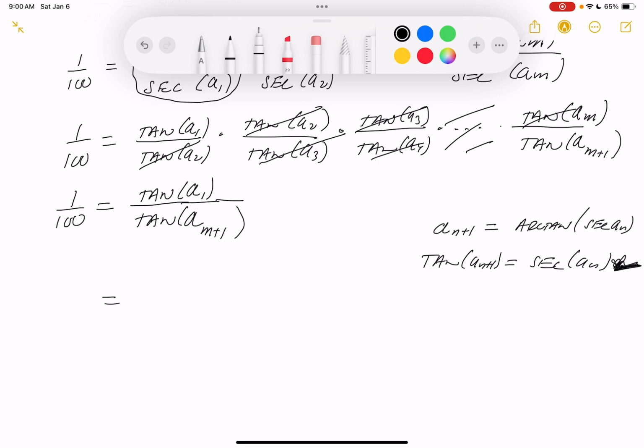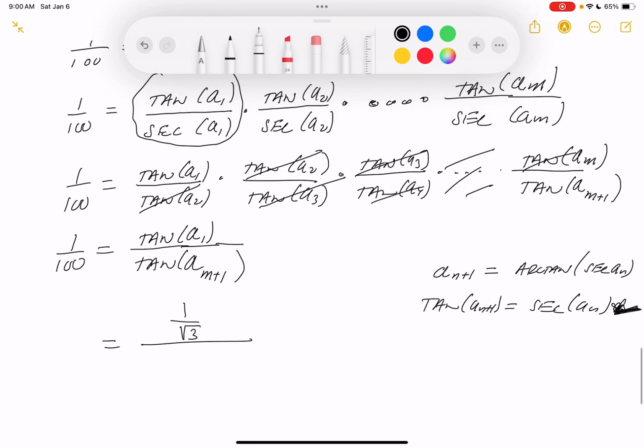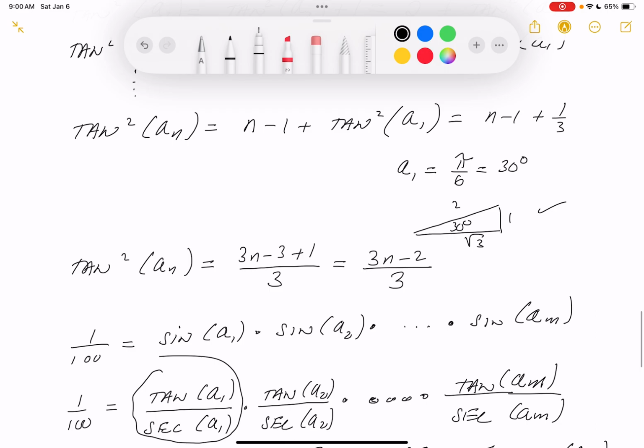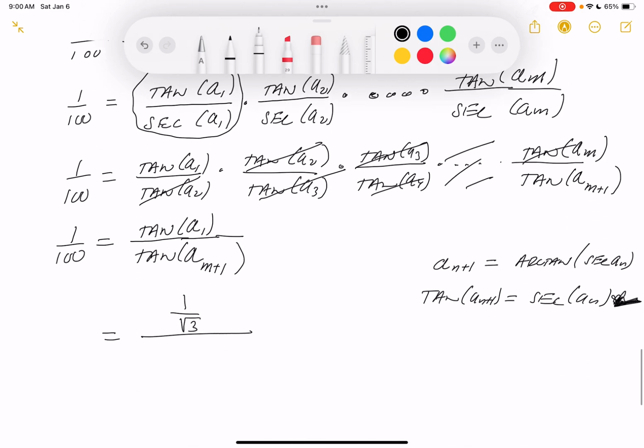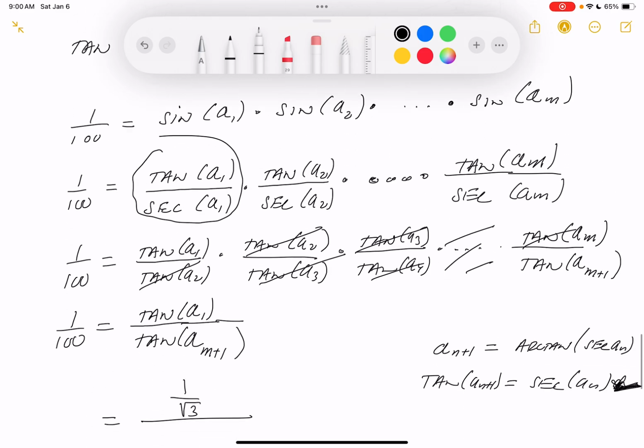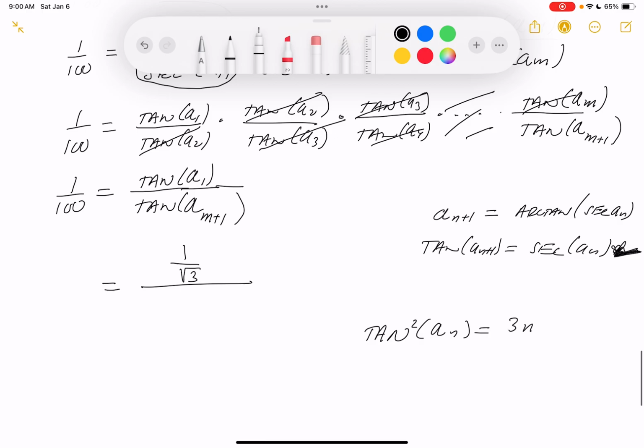So I put this over here. This top is 1 over root 3. Now, do I know what the tangent of A_m plus 1 is? Well, sort of. I have something over here, relationship. I'll write this down for you. I know the tangent squared of a_n is equal to (3n minus 2) over 3.